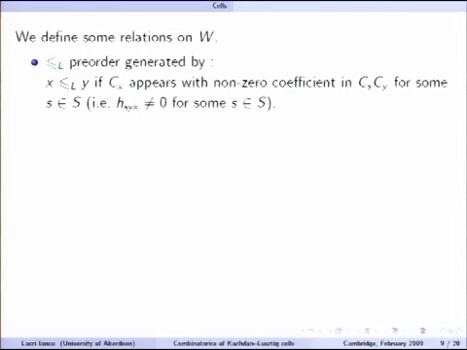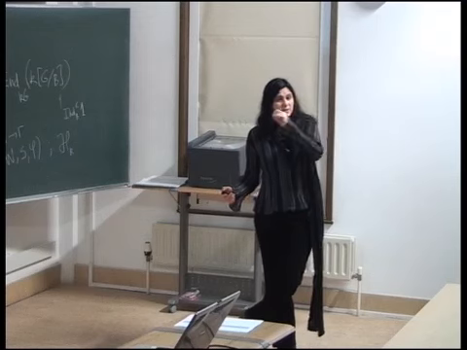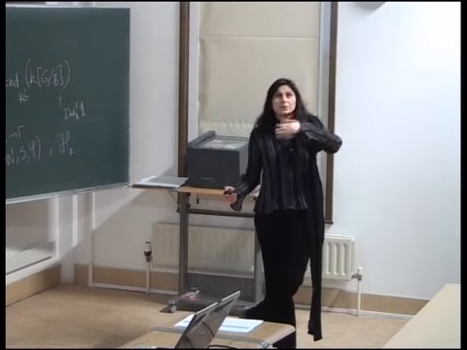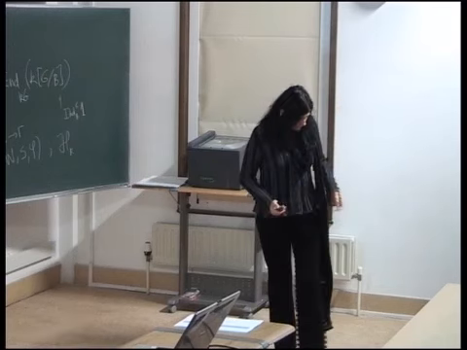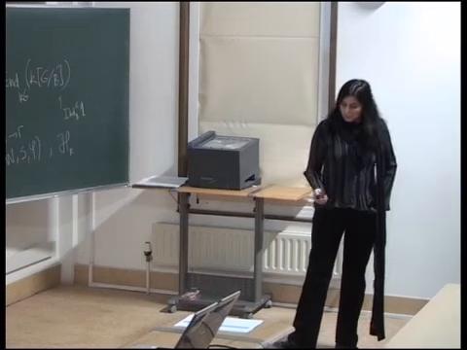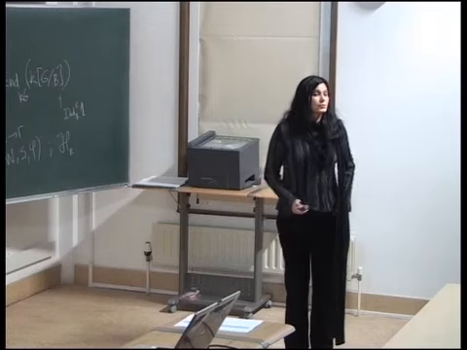So the elementary step is, we say that x is left inferior to y if you can find some s in S such that the product C_s C_y contains somewhere a C_x. For C_s C_y you can express it as a linear combination of Kazhdan-Lusztig elements of the basis, and C_x appears there with some non-zero coefficient. Or with the notation of my structure constants, this means h_{s,y,x} is non-zero for some s.